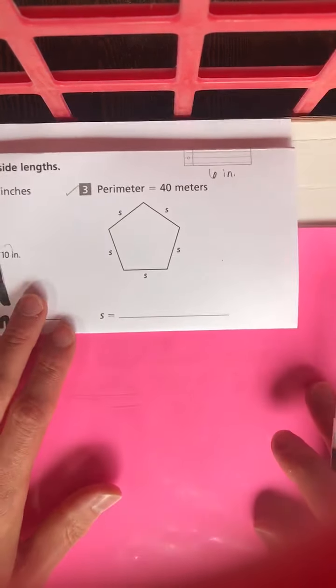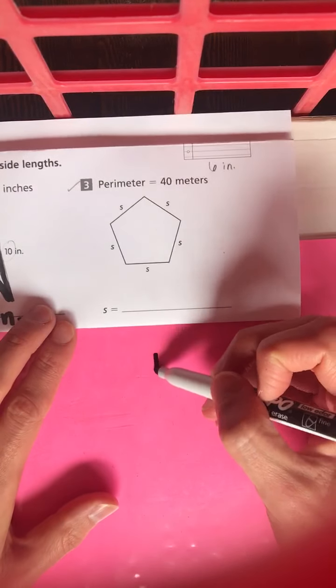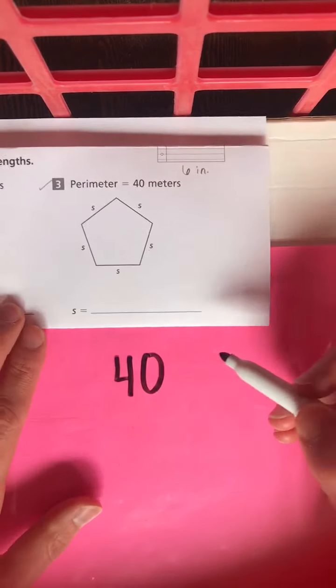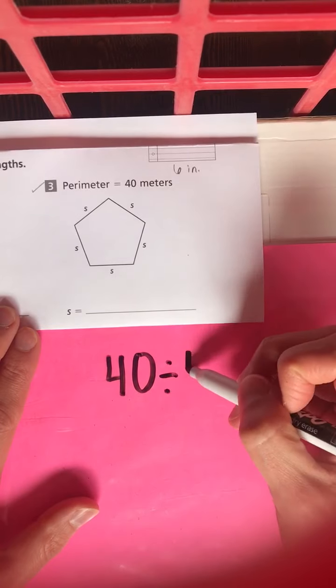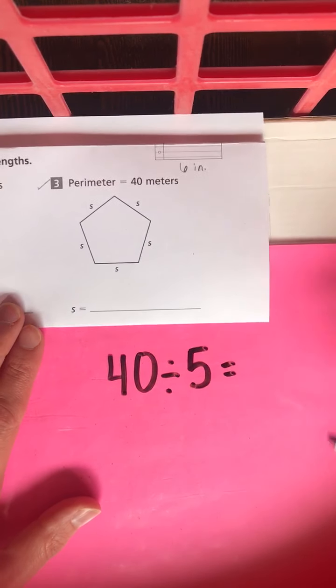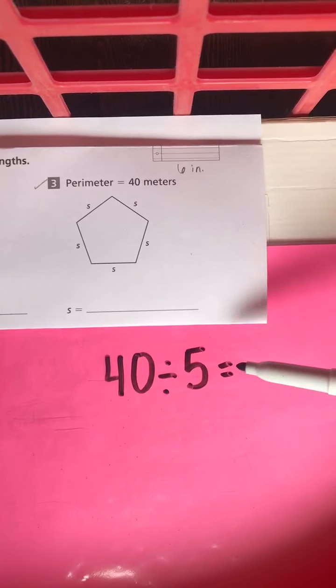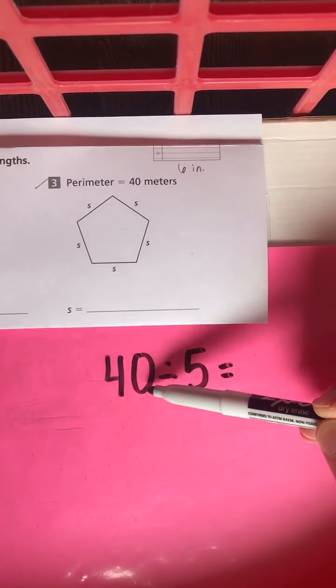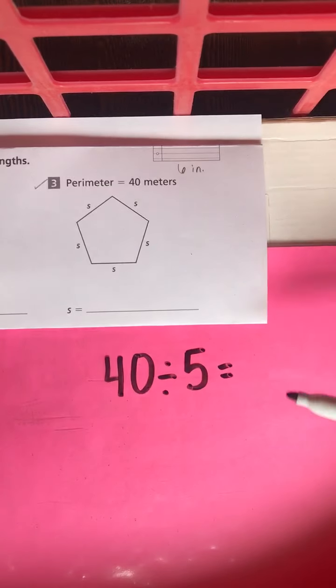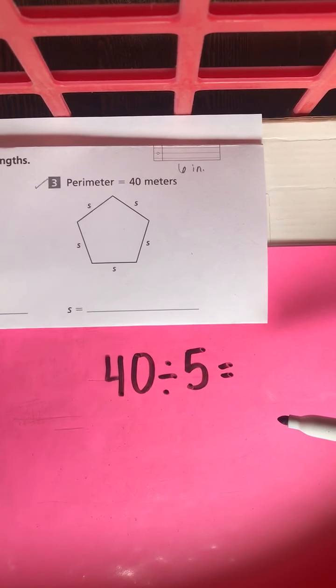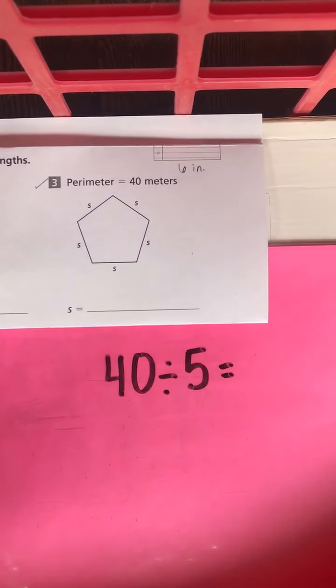So we are going to take our whole and we are going to divide our whole into 5 equal sides. So I would like you to pause the video and go ahead and solve 40 divided by 5. Okay, friends, great job.